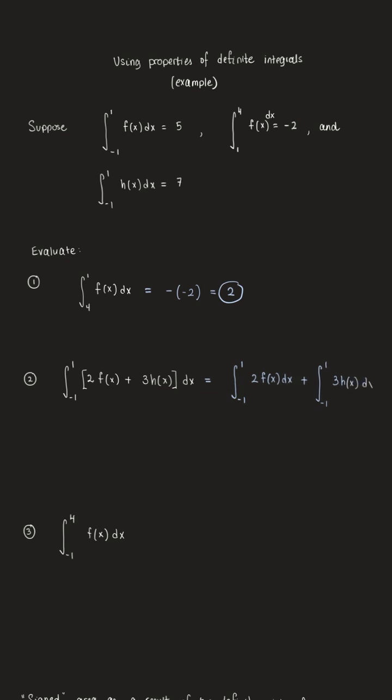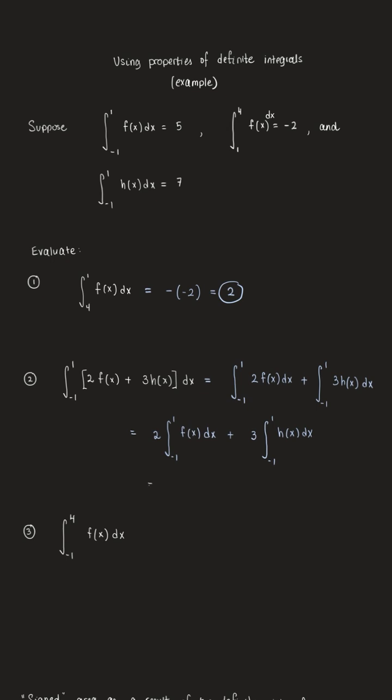So there's our sum difference rule. And then from the first integral, I'm going to pull out a constant of 2 outside of the integral and rewrite this as 2 times the integral from -1 to 1 of f of x dx. And then from the second integral, I'm going to pull out the constant of 3 because we can pull out a constant multiple.